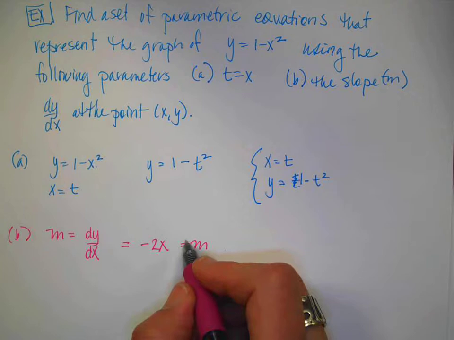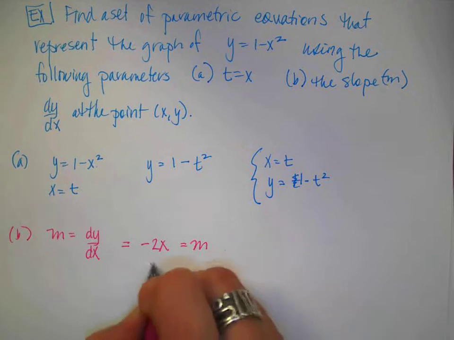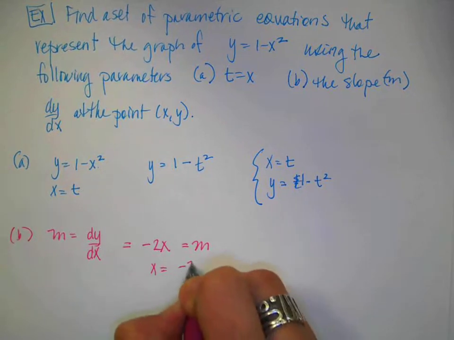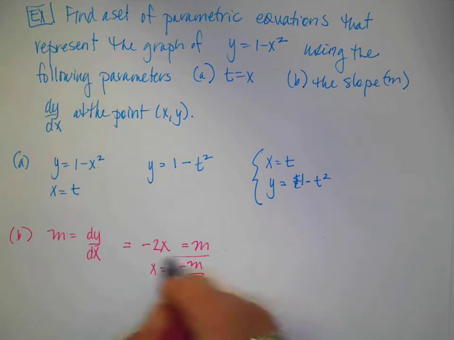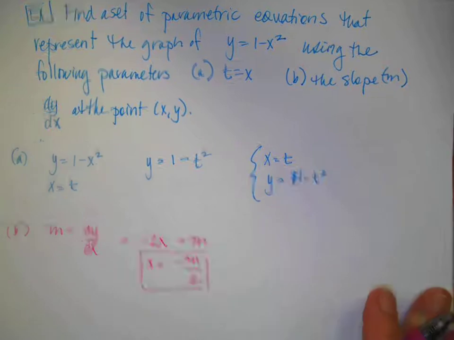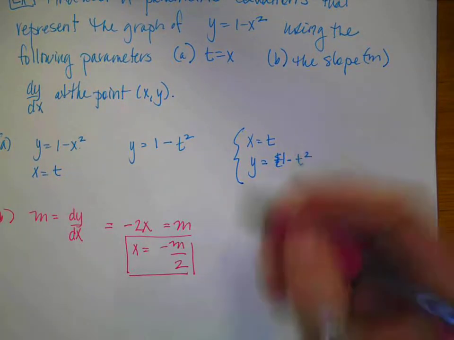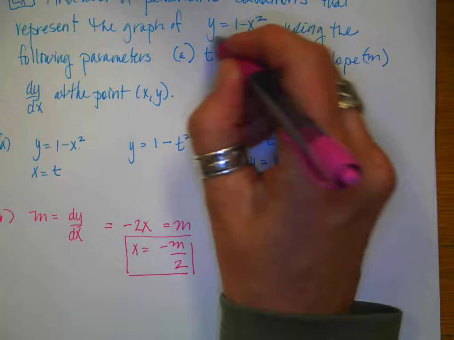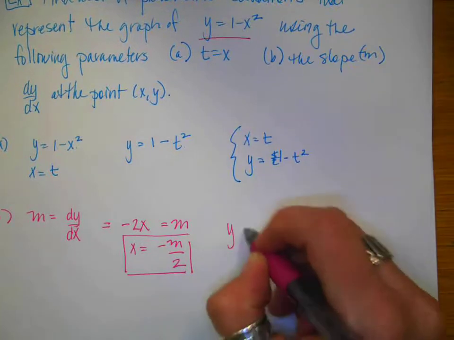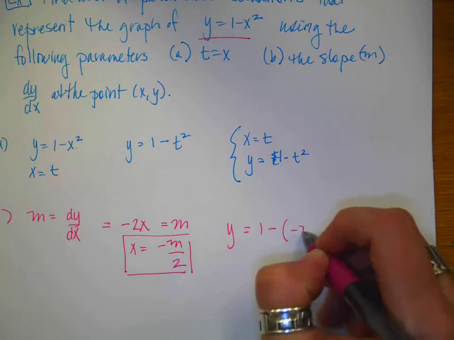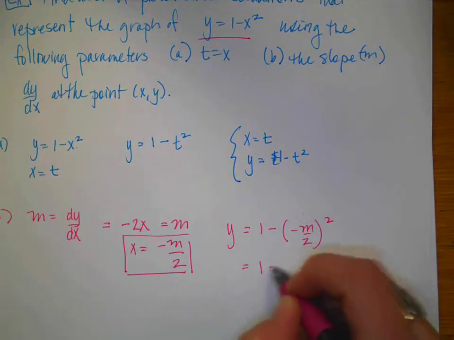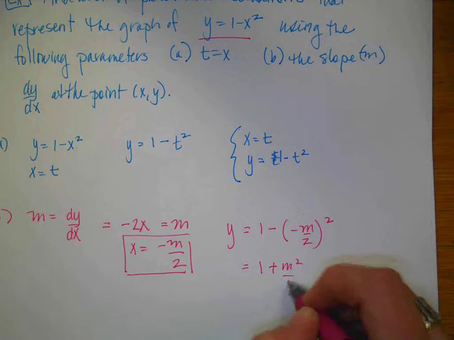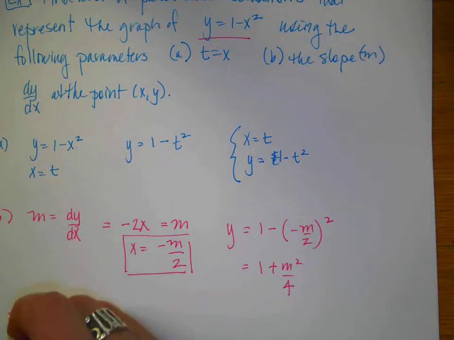So now what I'm going to do is solve this equation for x. So I'm going to get x is equal to negative m over 2. Well, now that I know an equation for x, I can substitute that back into my original equation. There it is. So if I have y is equal to 1 minus negative m over 2 quantity squared, that turns out to be 1 plus m squared over 4.